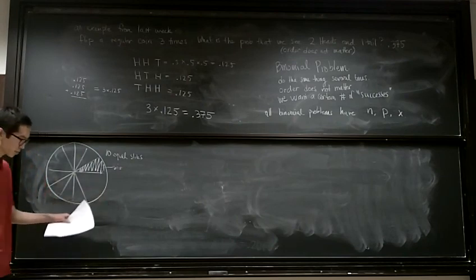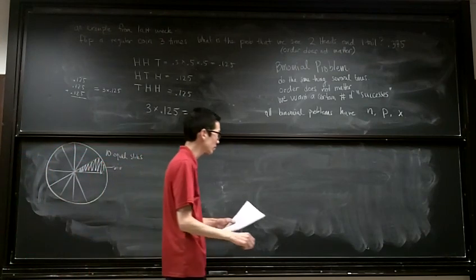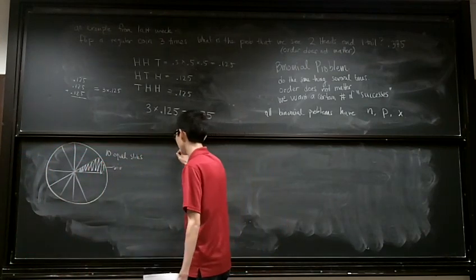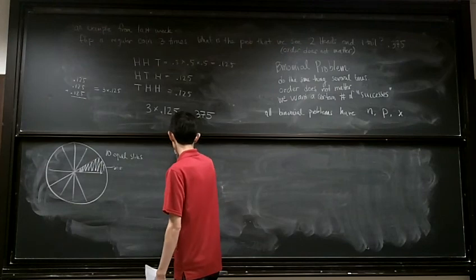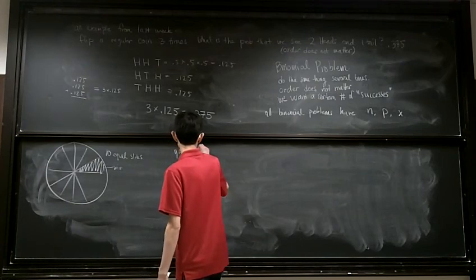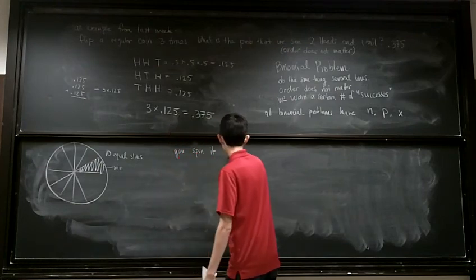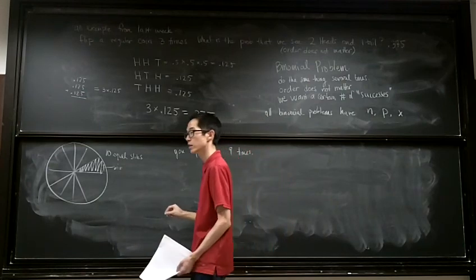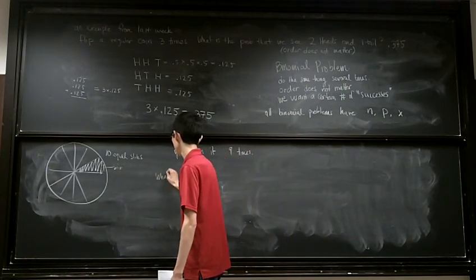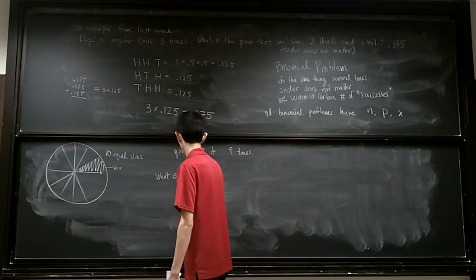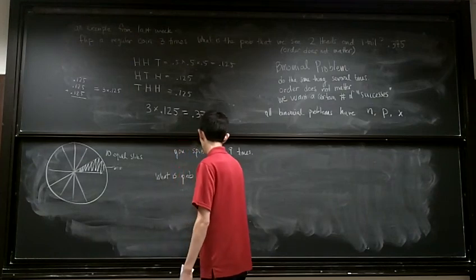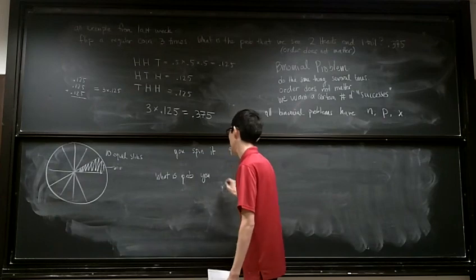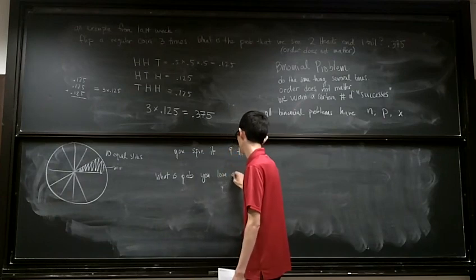We're going to spin it, 9 times. What is the probability you lose all 9 times?